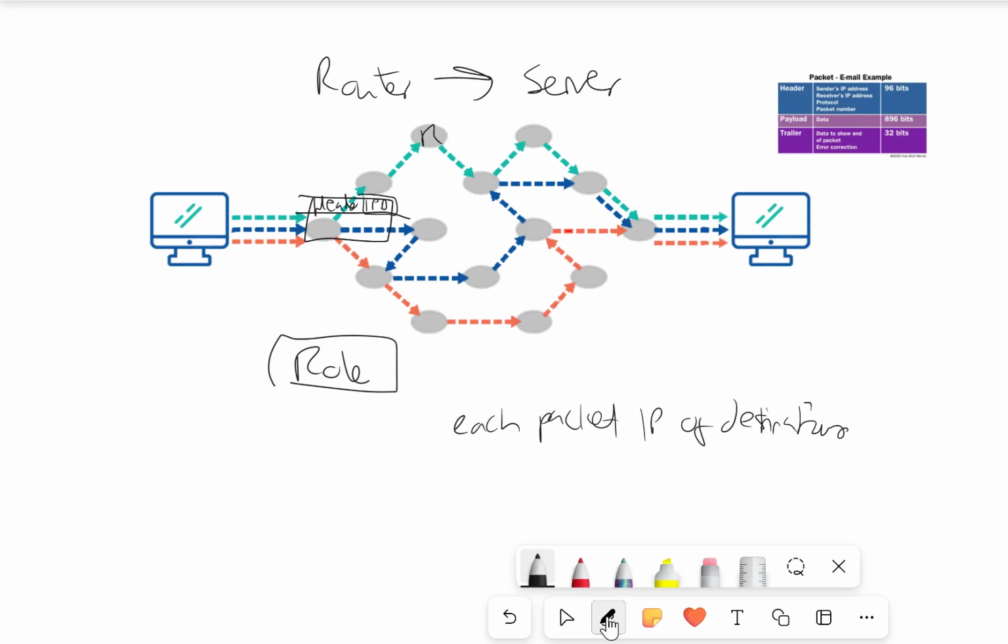Each router has what's called a routing table. It contains a list basically of different potential pathways which could be taken.